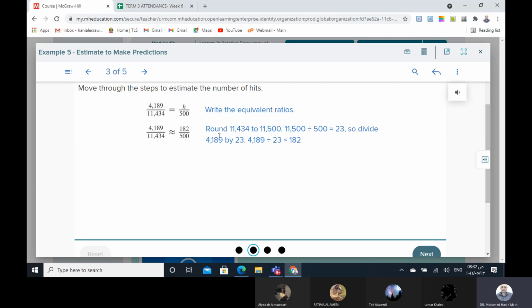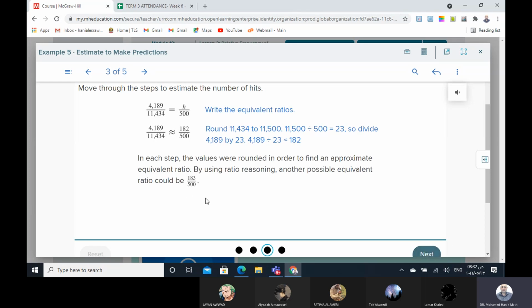Then you can round 11,434 to 11,500. Then you can divide 11,500 by 500. The answer will be 23. So divide now 4,189 by 23. The answer will be about 182.